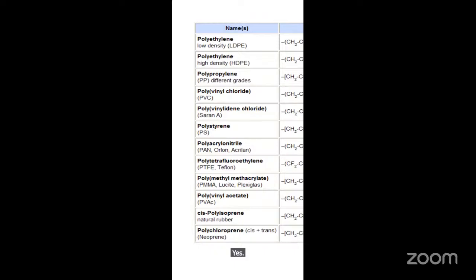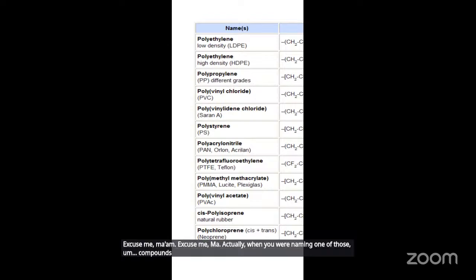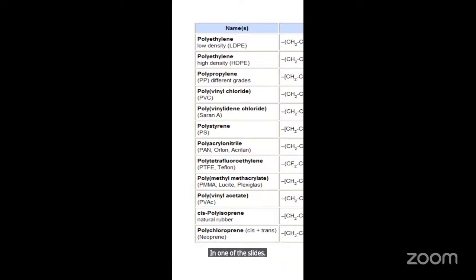Thank you, ma. Any other question? Excuse me, ma. When you were naming one of those compounds, you used the double bond as the parent name in one of the slides. Yes, the double bond is the parent name if there is only a double bond.